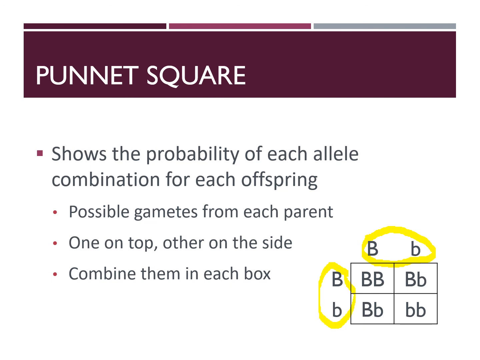In this example, both parents are heterozygous, so the capital B is dominant, the lowercase b is recessive. And then the boxes indicate what genotype you would get if you combined the alleles from the side and from the top.